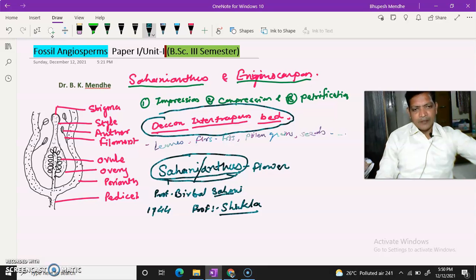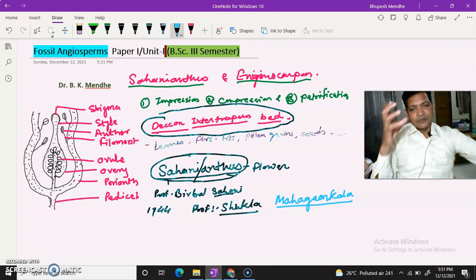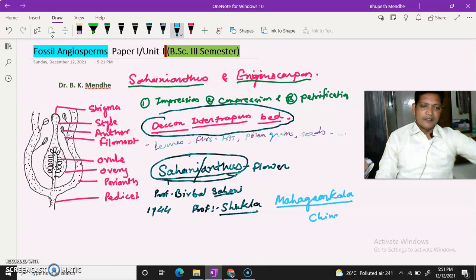The exact locality of this fossil is a place in Chhindwara district, Mahagaon Kala. It is a village where thousands of fossils are found, in the Chhindwara district of Madhya Pradesh.